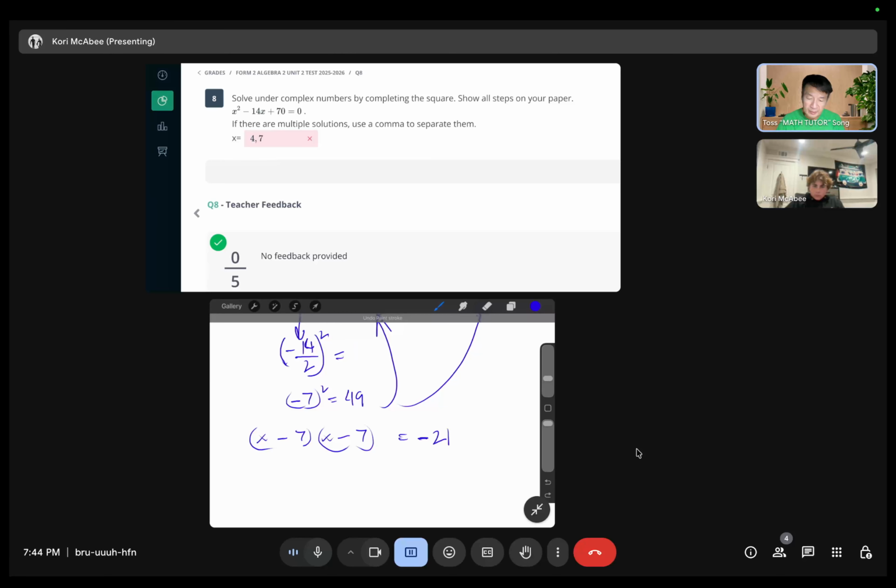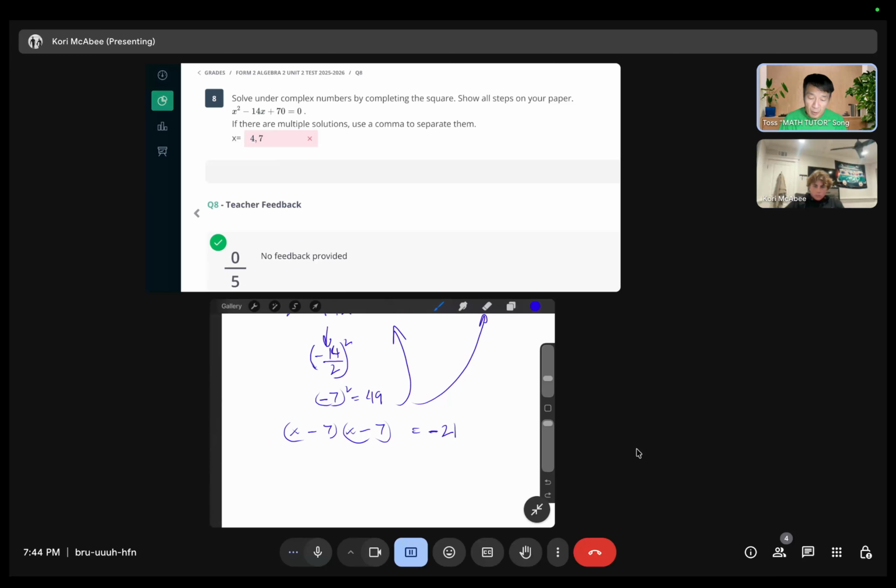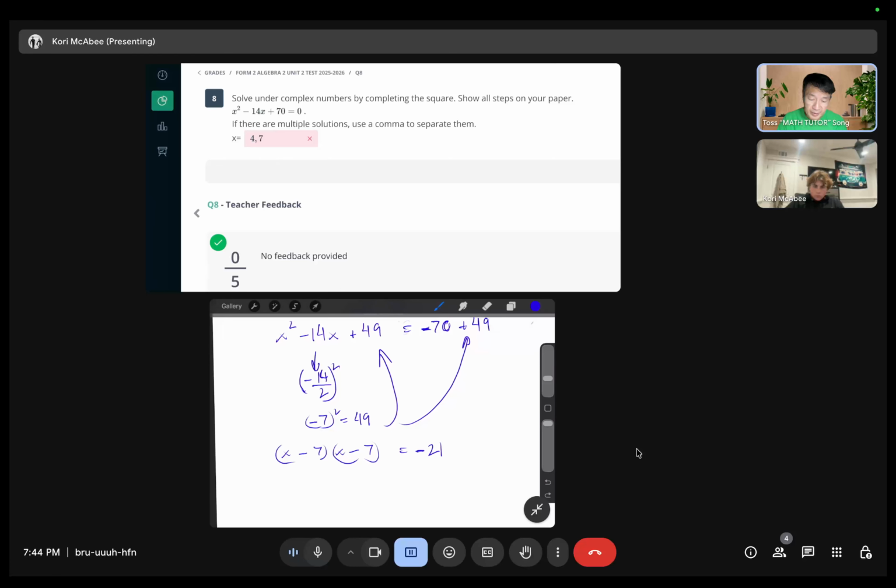It's always the number that you simplified in between the parentheses, divided by 2 if it can be divided, which in this case you can, negative 14. Once it's cleaned up, you will always use that number every single time. So there you go. You're also going to square that and add it to both sides.